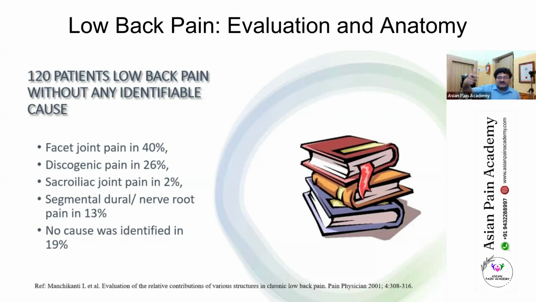Sacroiliac joint pain around 2%. Segmental nerve root pain is usually around 19%, and no cause is identifiable in 19%. So remember, for 80% of those patients who are in a diagnostic dilemma, moving from doctor to doctor, we are able to diagnose and find the pain generator with the help of diagnostic interventional pain procedures.